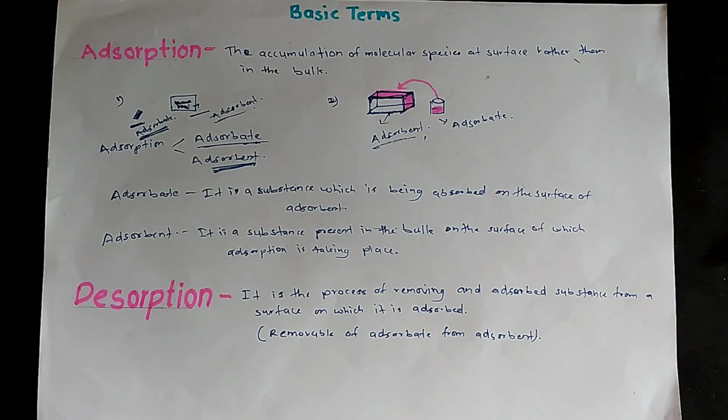If we see, we can erase the blackboard with the help of dusters. The white powder will remain on the duster, and if we clean the duster, the white powder will go outside of the duster. This is one type of example of desorption.